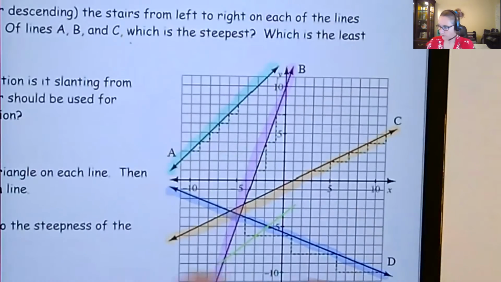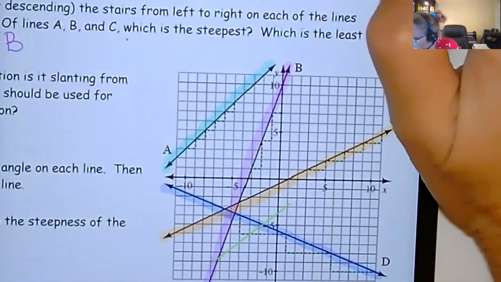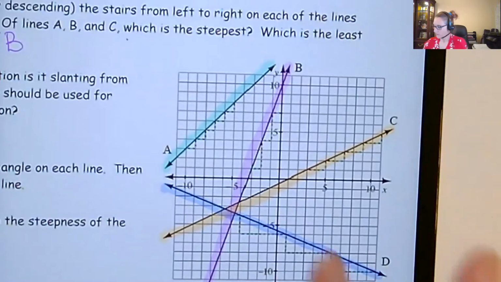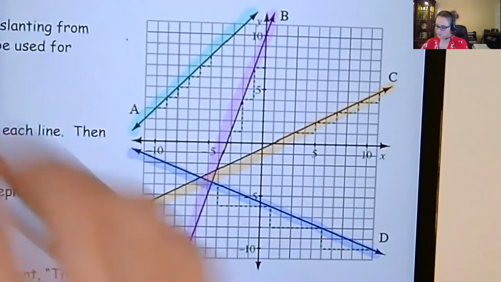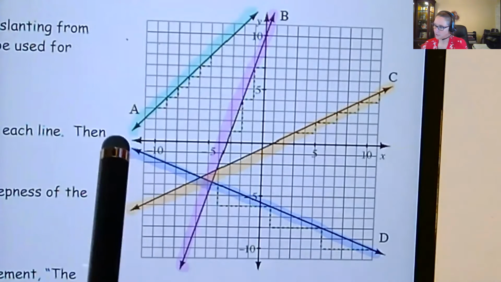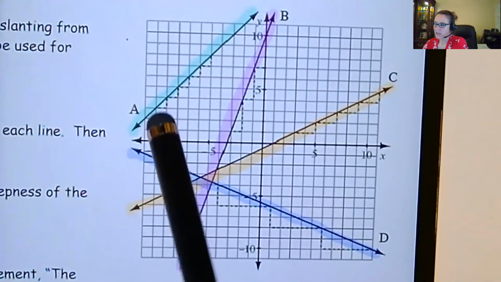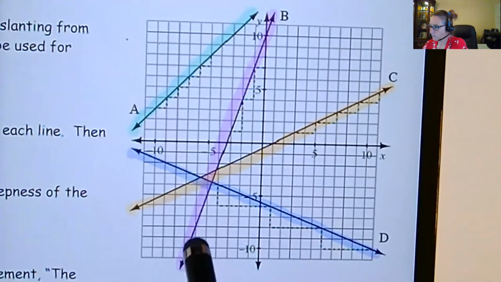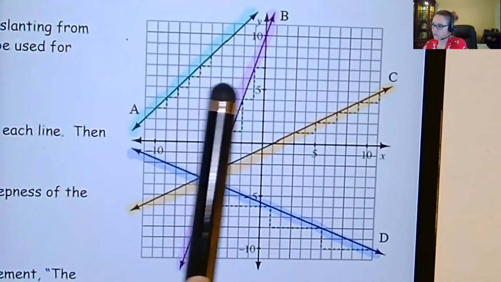I have color coded these. Here I've got this teal one for line A, this pink one for line B, this orange one for line C, and this blue one for line D. They are asking us, out of A, B, and C, which one is the steepest, as you're coming from the left side of the graph to the right side?